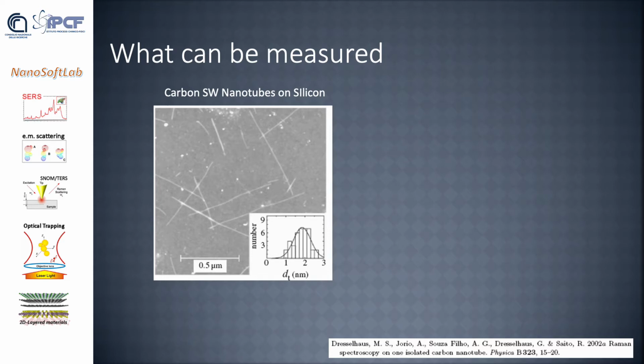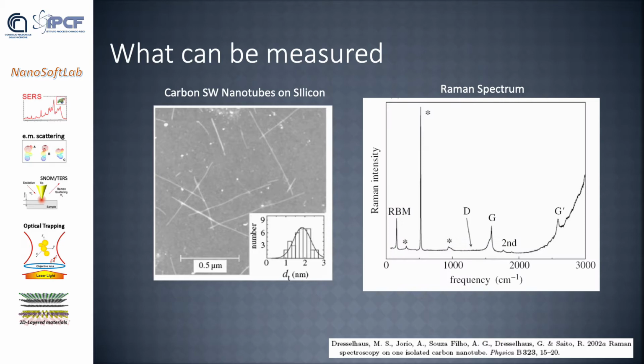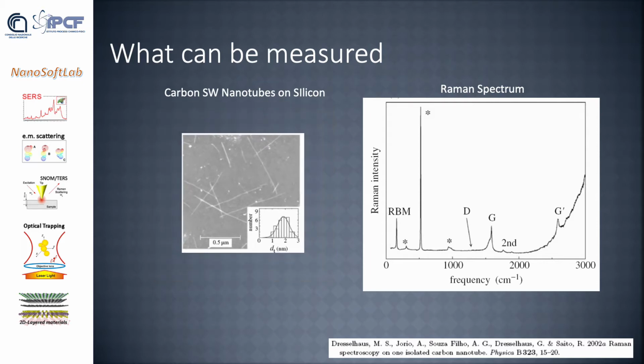An example of what can be measured with Raman spectroscopy is given here. This is a map of carbon single-walled nanotubes deposited on silicon. If we acquire a Raman spectrum, we typically end up with several features that can be correlated and provide information on what is present on the substrate.